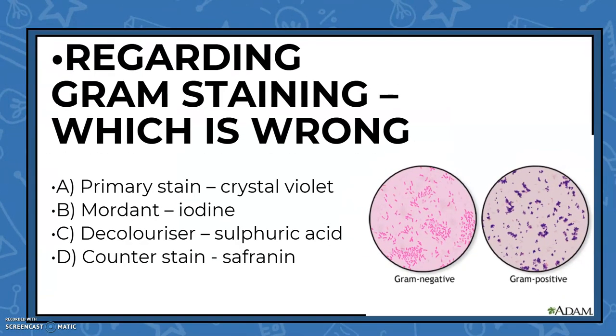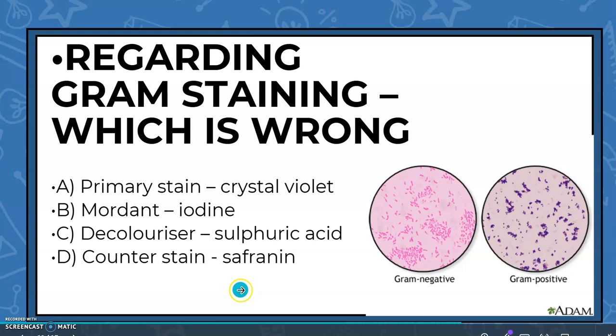Next question is regarding gram staining. In gram staining, which one is wrong? A, primary stain is crystal violet, B, mordant iodine, C, decolorizer sulfuric acid, D, counterstain safranin. Which of these is not correct?